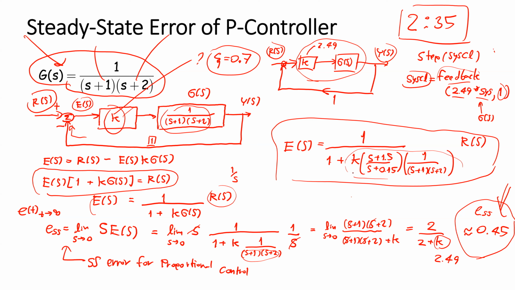But the feedback is equal to 1. So we have only the lag compensator and the system transfer function. If we need to derive the steady state error in time domain, we need to apply the final value theorem again to this one. So please remember this one.